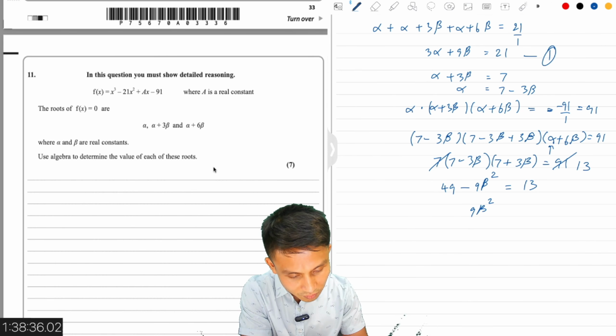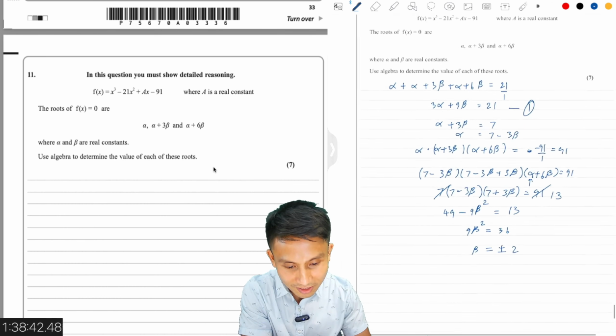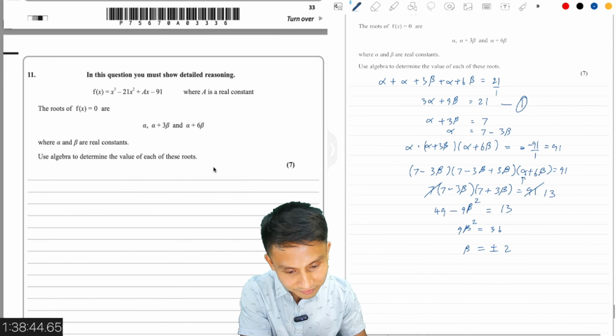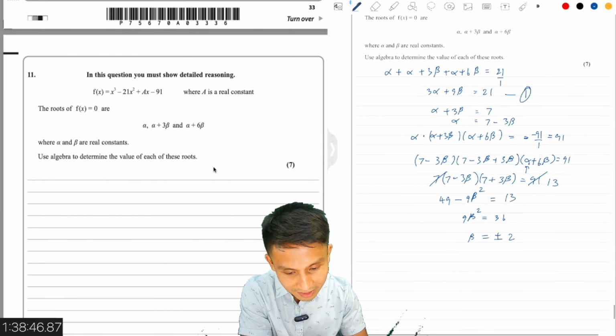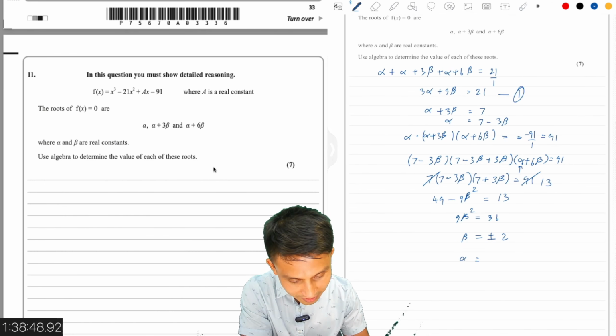So 9 beta squared equals 36, so b is plus or minus 2. If b is plus or minus 2, which one should we get? So alpha would be 7 minus 6 is 1, and that would be 13.